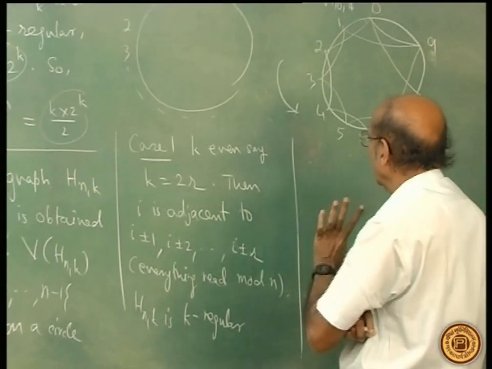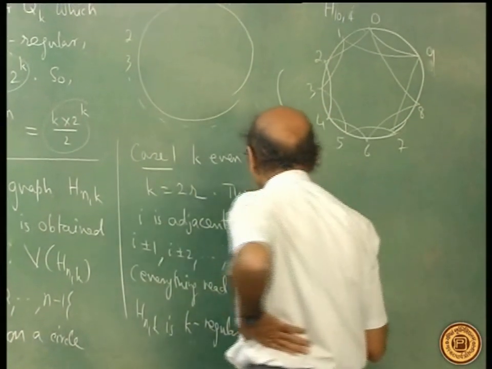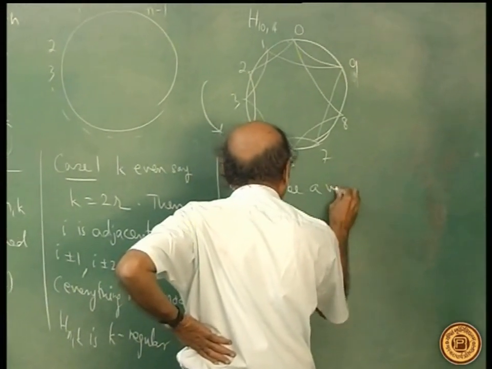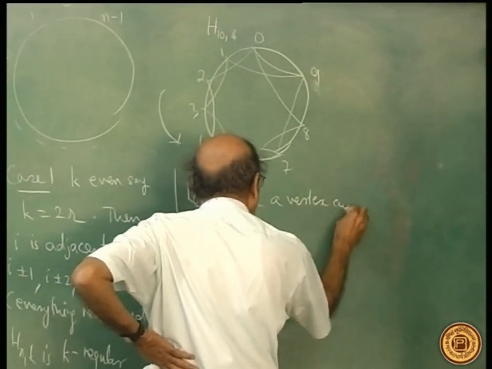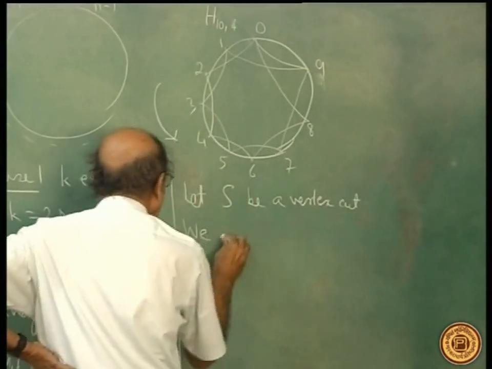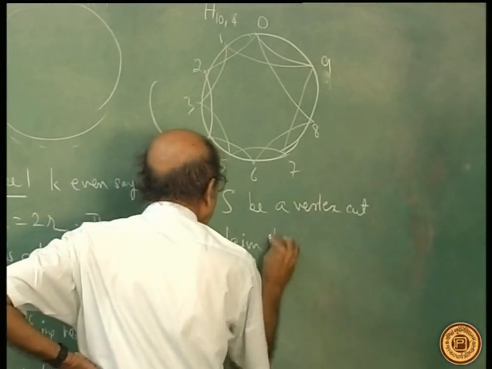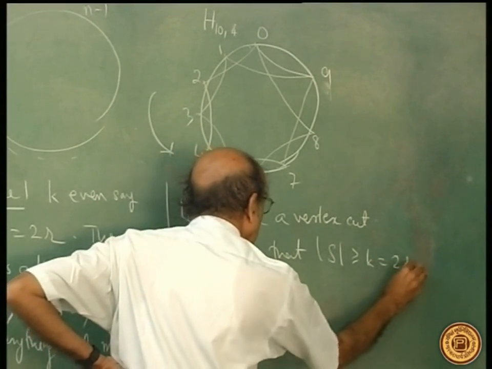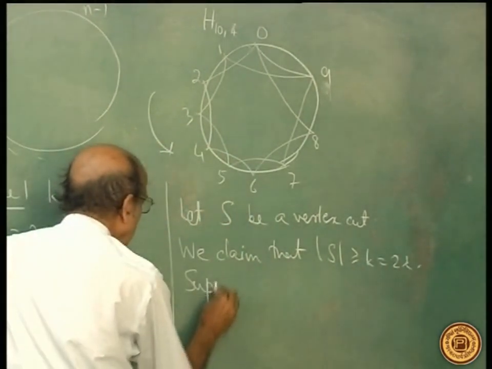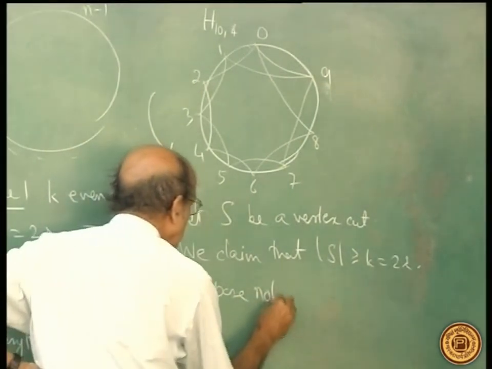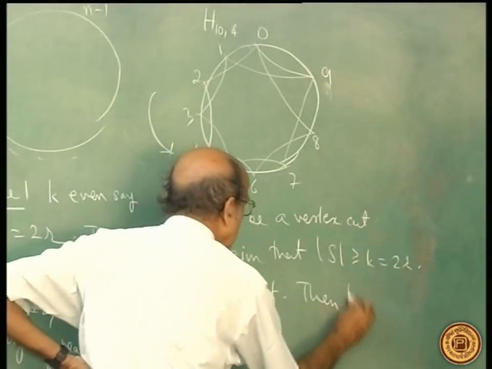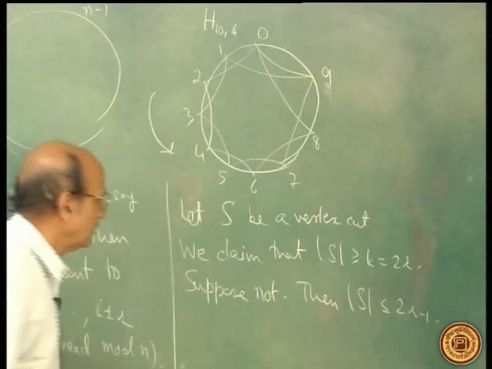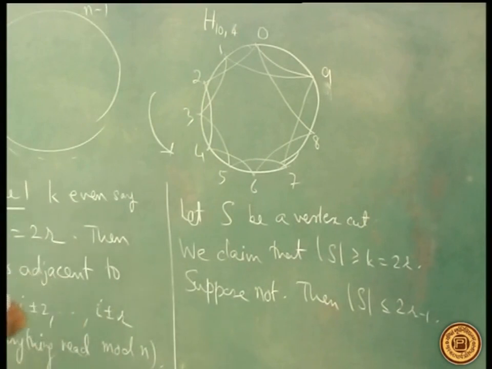Because the argument is as follows. Let S be a vertex cut. We claim that... suppose not. What do I have to show?